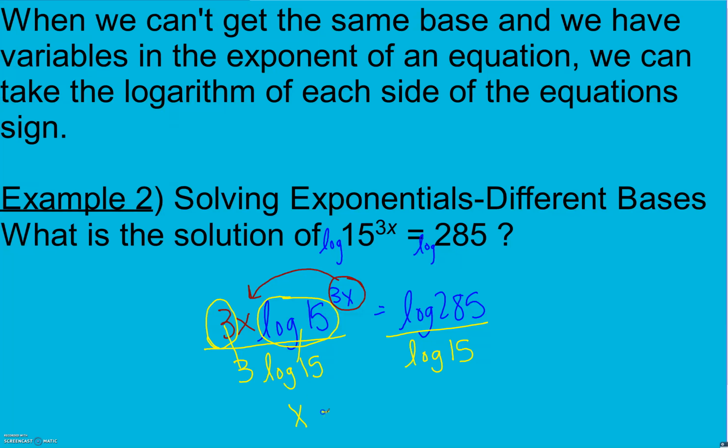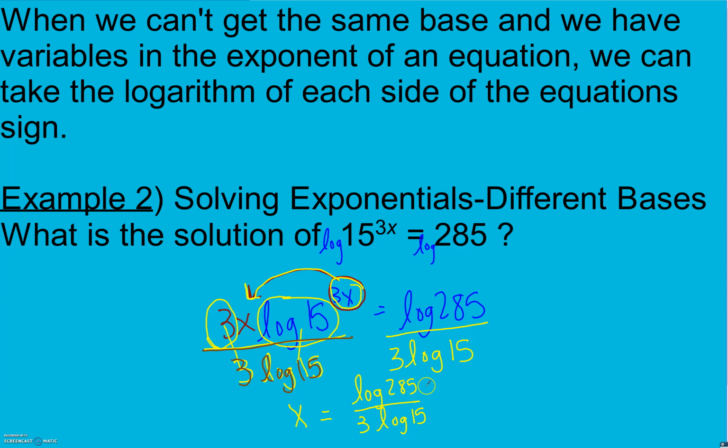I have x equals, sorry, I forgot my 3 there, log 285 divided by 3 log of 15. And again, I swung my 3x to the front as multiplication, and then to get rid of multiplication, I divided by 3 and log of 15 on both sides.